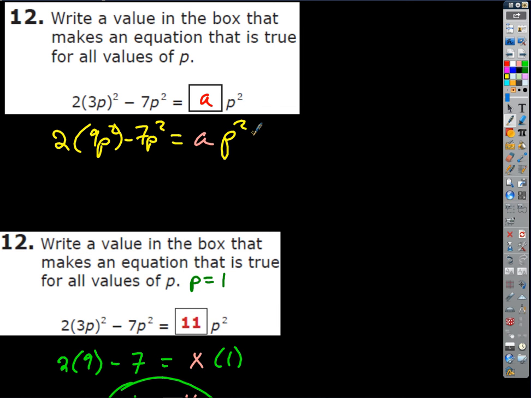Well, on the left side, what's 2 times 9p squared? 18. Minus 7p squared is what? So if 11p squared equals ap squared, what's a? 11, right?